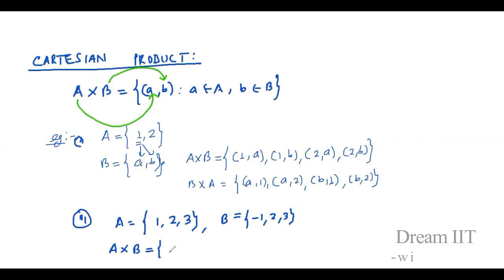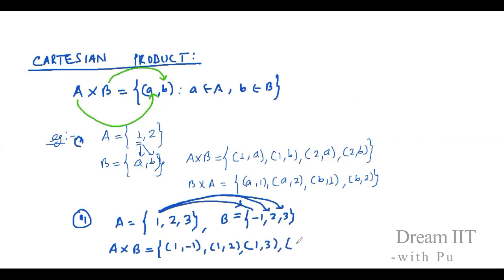Okay. So now once I try to construct A cross B, I'll take one from the first set and construct all the possible pairs with one of these 3 elements, right? 3 pairs will be possible. So it will be (1, -1), then (1, 2), and then (1, 3).